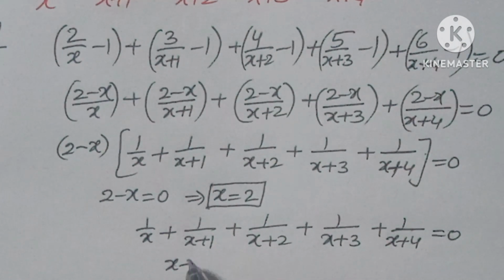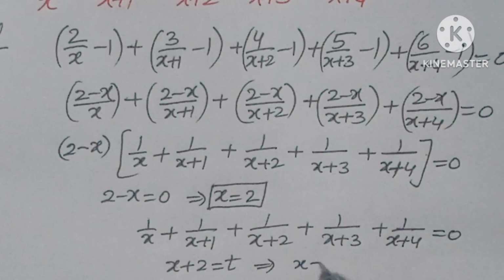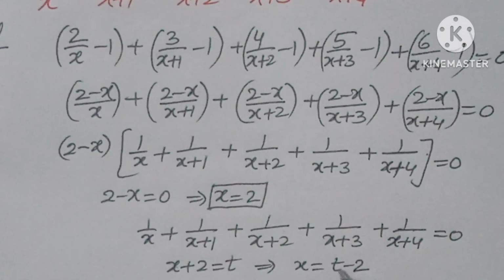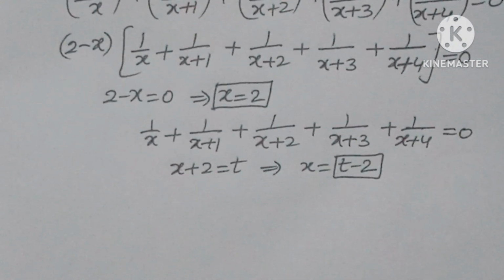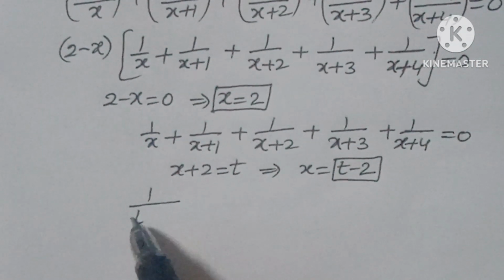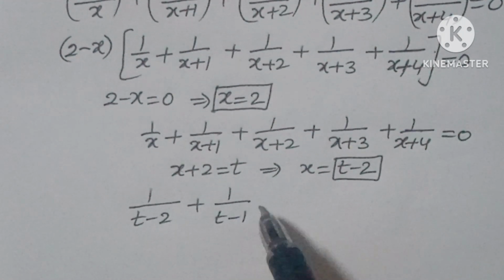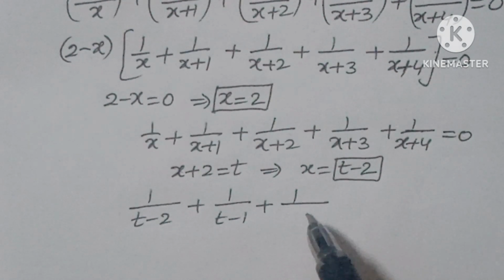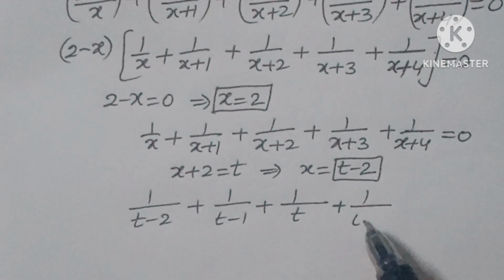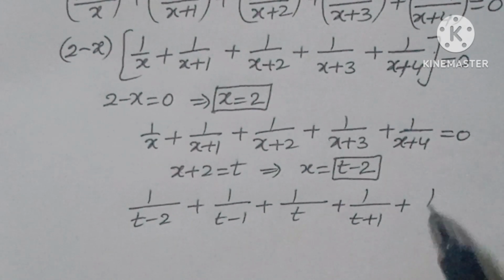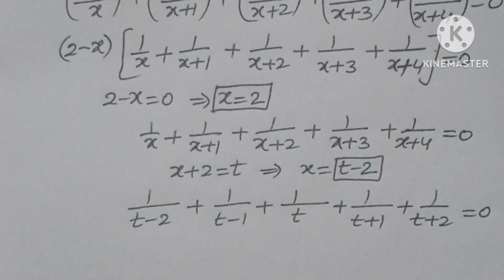So let us take x plus 2 is equal to t. That implies x is equal to t minus 2. So if you substitute the value here: 1 by t minus 2, 1 by t minus 1, 1 by t plus 1 by t plus 1 plus 1 by t plus 2 is equal to 0.